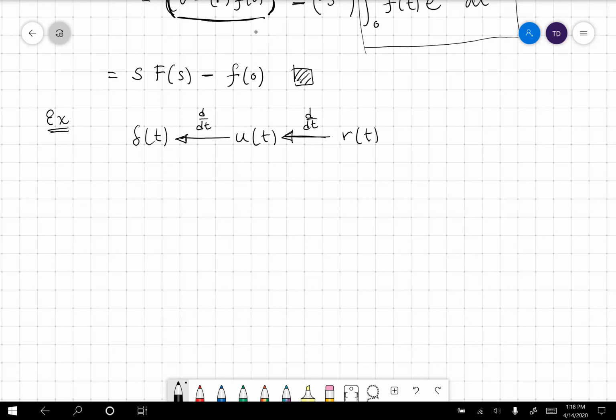All right, so let's check. So we know r of t is equal to t u of t. We know that that has a Laplace transform equal to 1 over s squared.